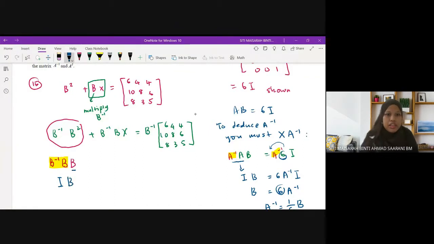And then for the second, B inverse multiplied by B is I, so this one is IX. Then below we bring down IB plus IX, and then equals B inverse multiplied by 6, 4, 4, 10, 8, 6, 8, 3, 5.